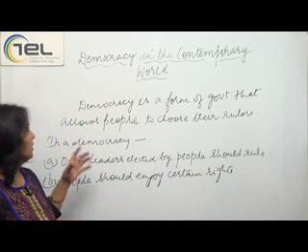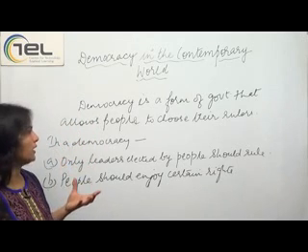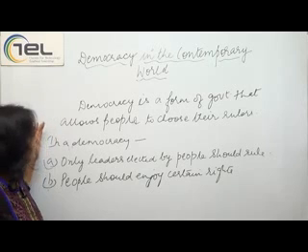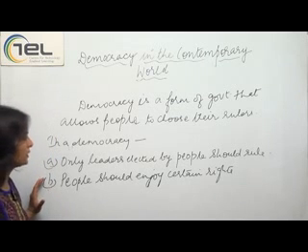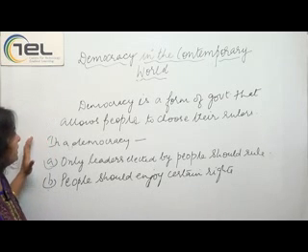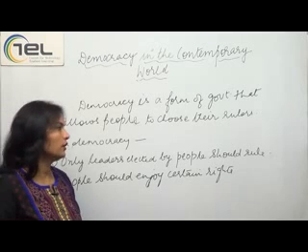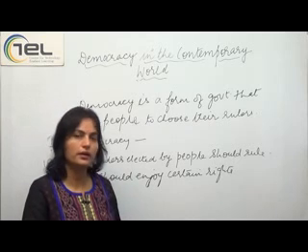So from the two stories which we have studied, we have concluded two main features of democracy. First, only leaders elected by the people should rule, and second, people should enjoy certain rights, and that democracy is the form of government that allows people to choose their rulers. Right now, this is all under this topic. Thank you.